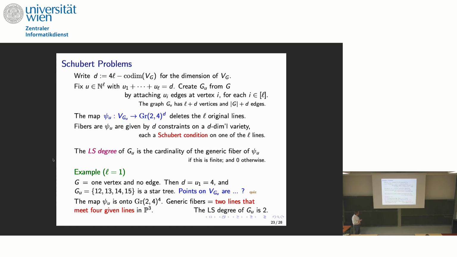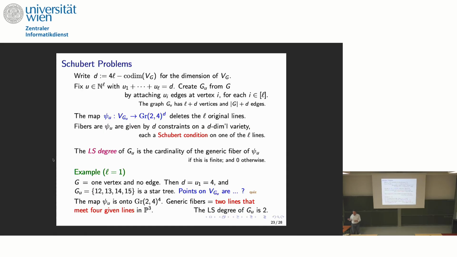So then GU is simply this star tree. I have this one vertex, and I'm sticking 4 legs on it. I'm not allowed to write on the blackboard, so my body is this graph, and I'm sticking 4 legs on it, 2 arms and 2 legs. That's the graph. Now, what are the points? No quiz, I'll just tell you.